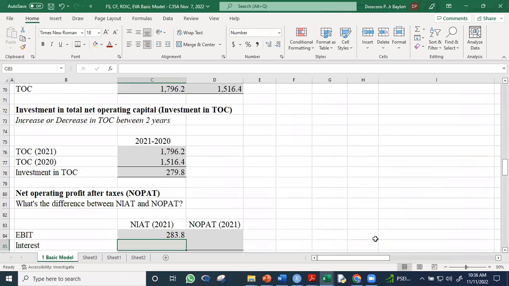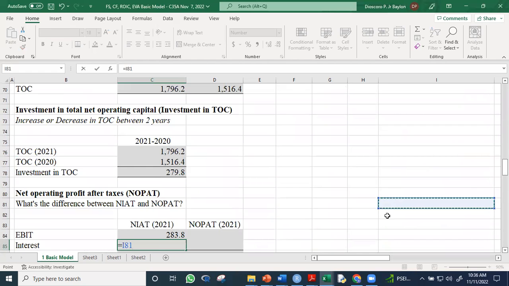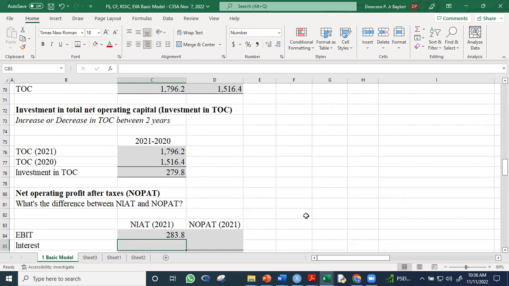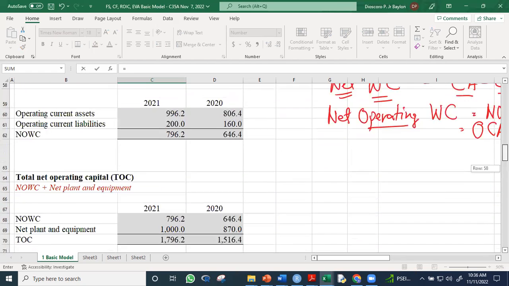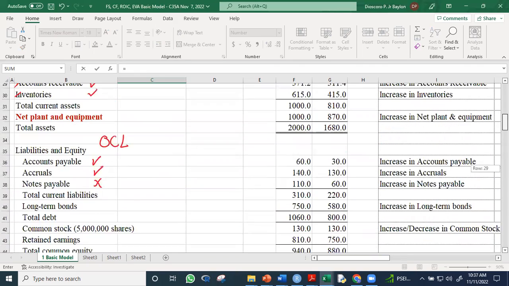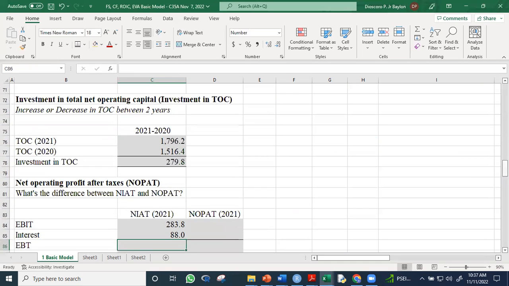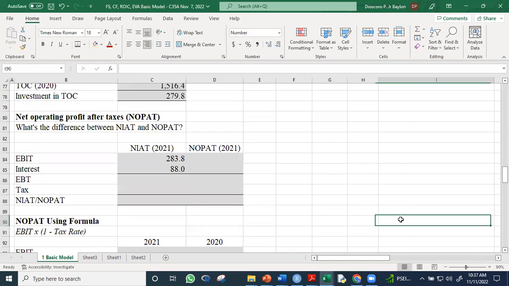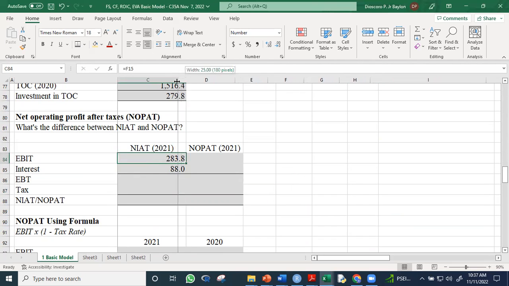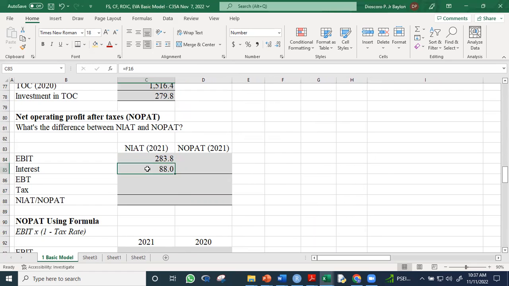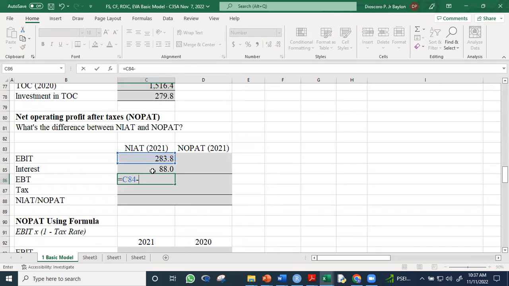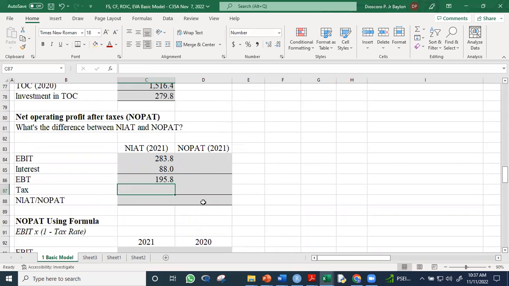I'm just copying our interest expense, this one. All right. So our EBIT and then interest expense. Therefore, our earnings before tax is just the difference of the two.